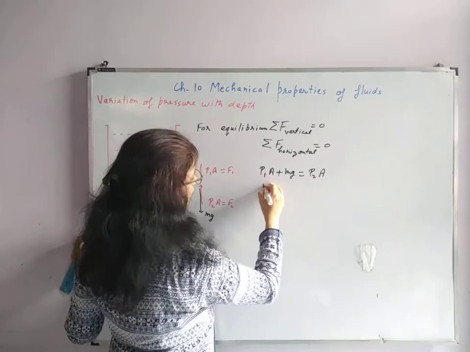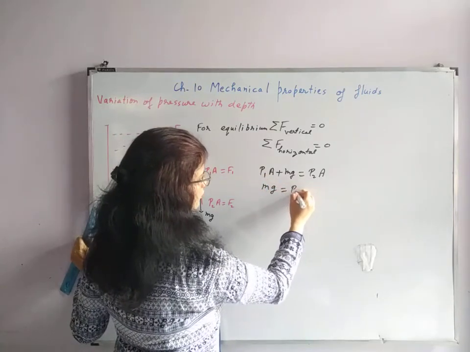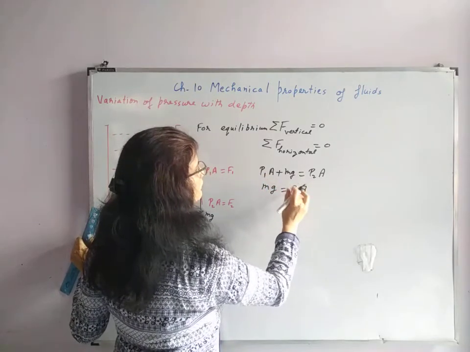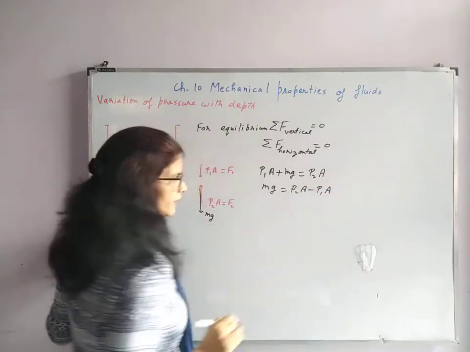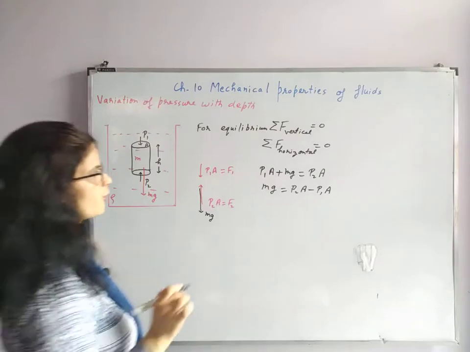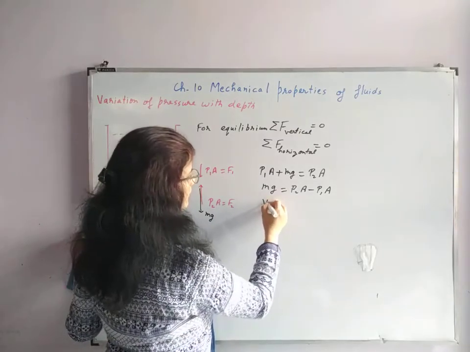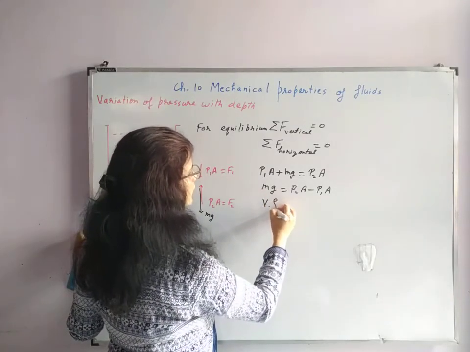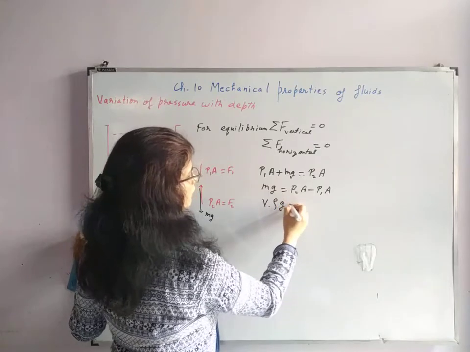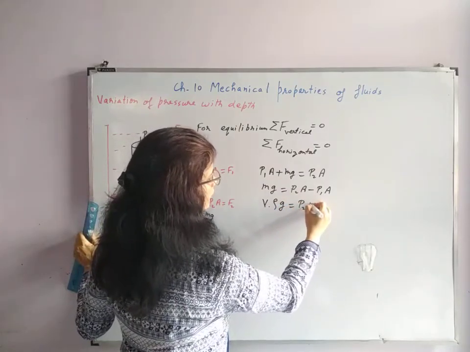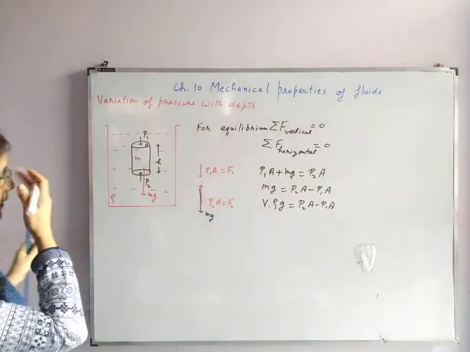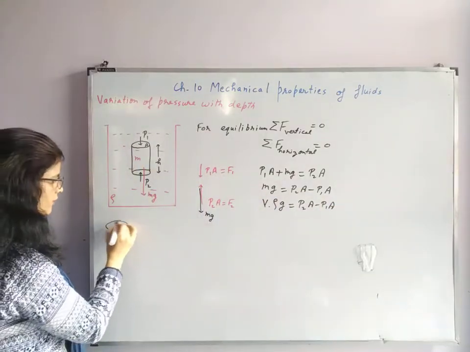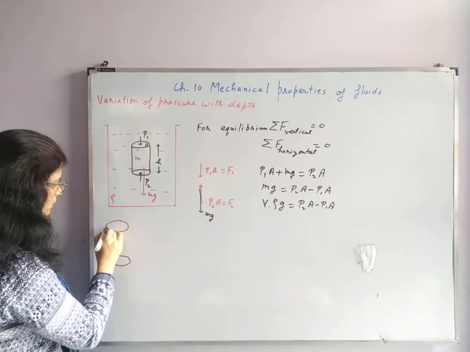So from here we can write mg is equal to P2A minus P1A. Mass can be written as volume into density. So here volume into density into g, P2A minus P1A. Now if we look at this cylinder, I am drawing it out.